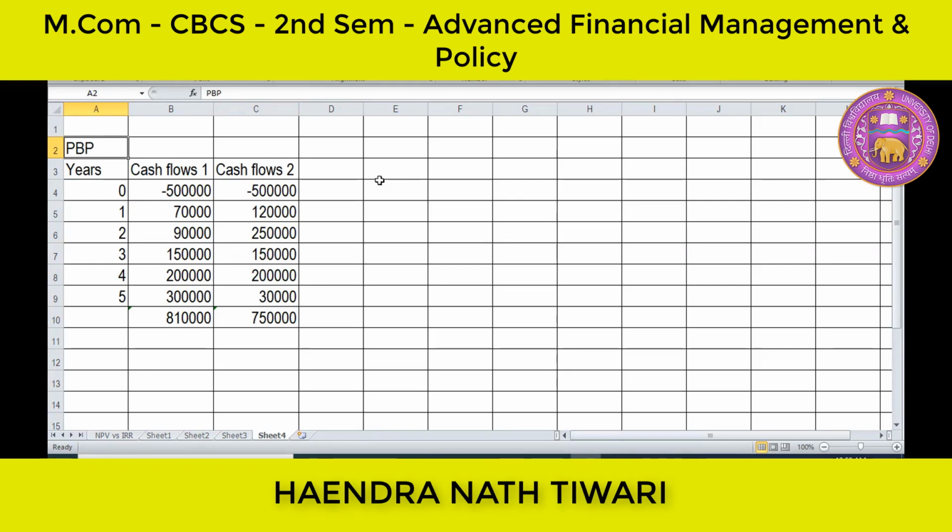We try to determine the years in which my investment is returned. It is not giving any value to time value of money. It is simply trying to find out how many years it will take for my investment to return.